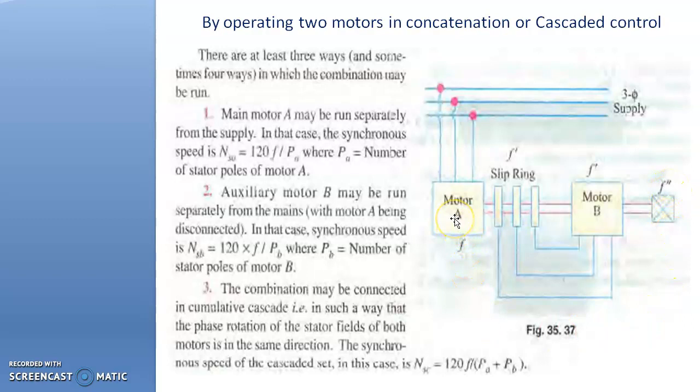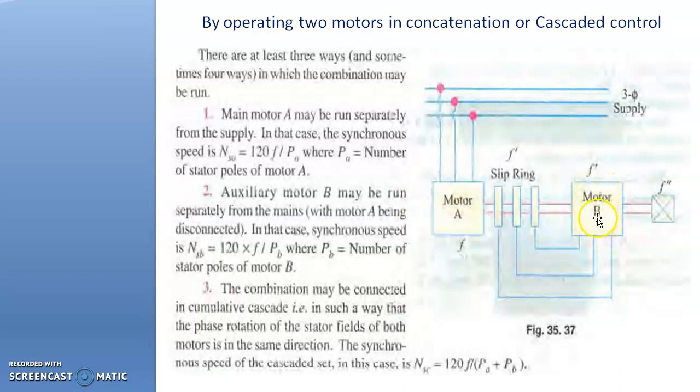Another thing, just assume that motor A has PA number of poles and motor B has PB number of poles. So how can you control this set? One possible way is to supply only this particular motor.